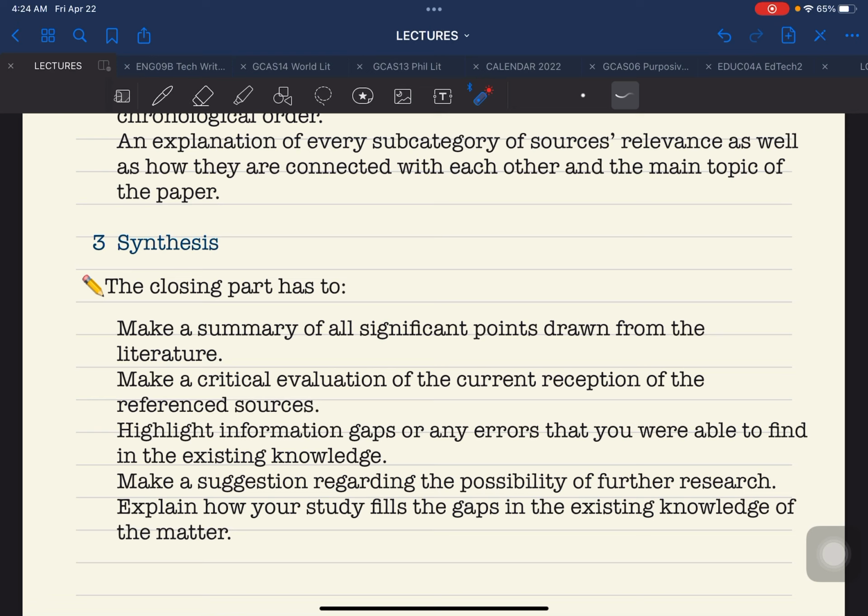So what should this contain? Number one, make a summary of all significant points drawn from the literature. Do not copy-paste everything that is in the literature or the reference that you are using, but instead, get the significant points or the important parts that you need from the reference.